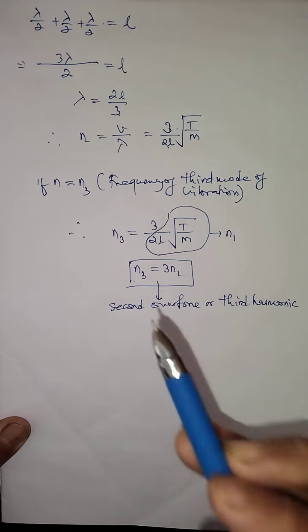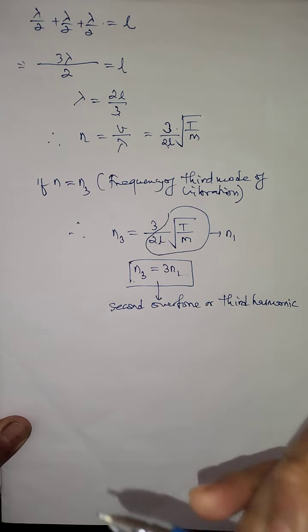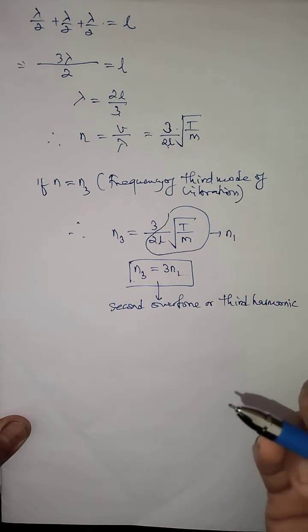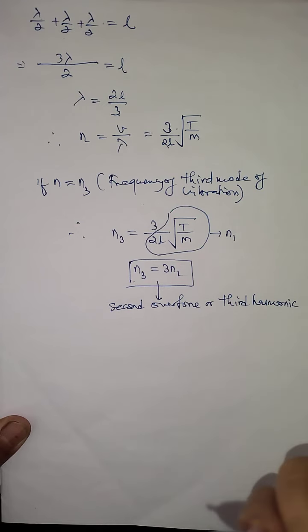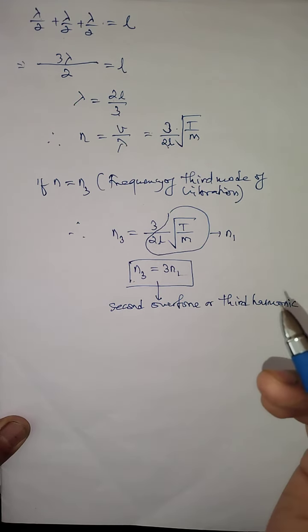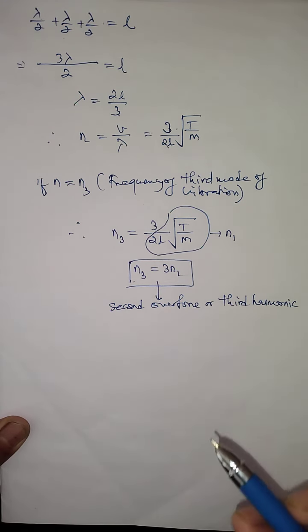But children, you notice that when we made the string vibrate with different modes, it is actually done by plucking the string at different lengths. Like to get the fundamental frequency, we pluck the string at the midpoint, the middle length of the wire or string.